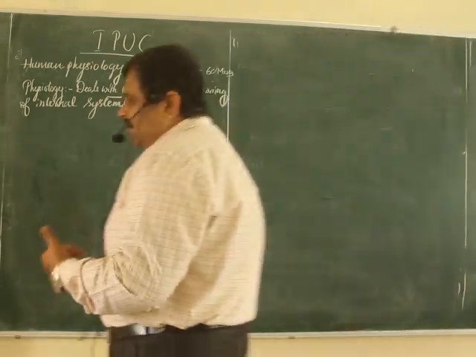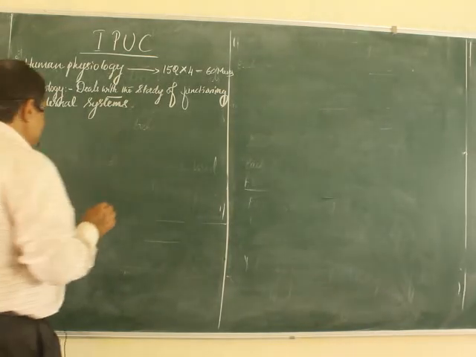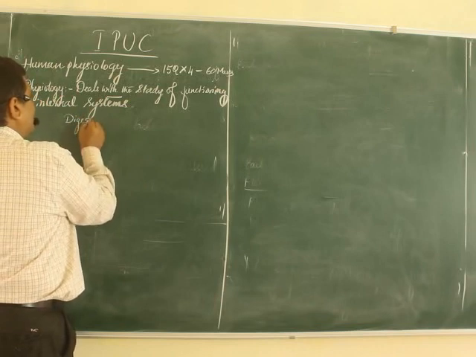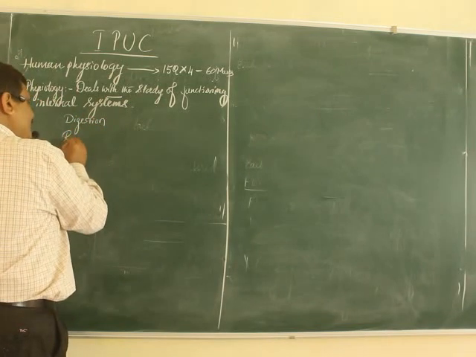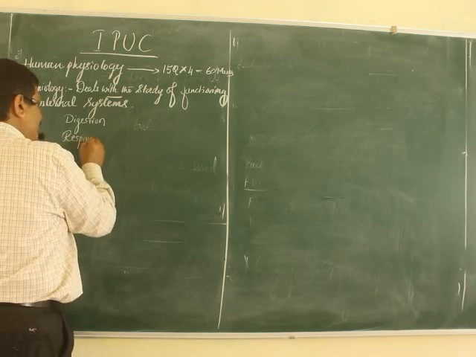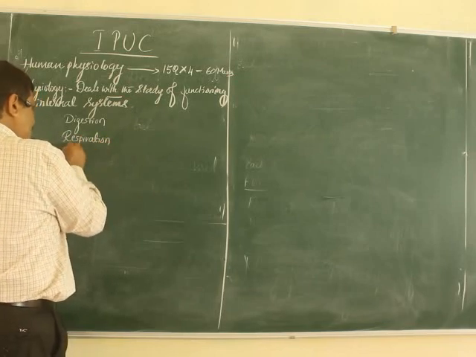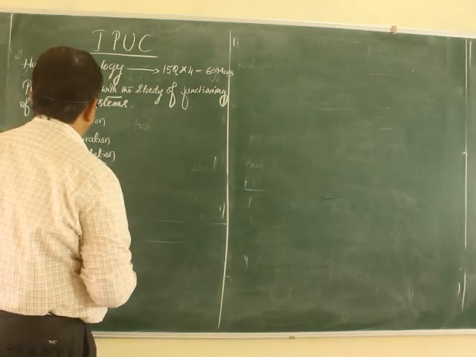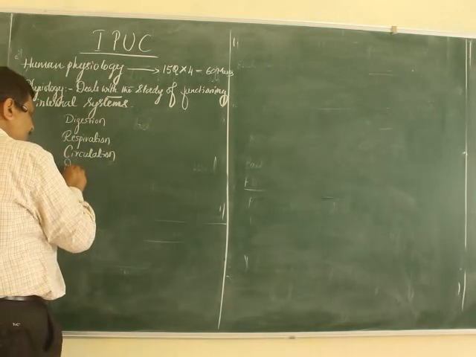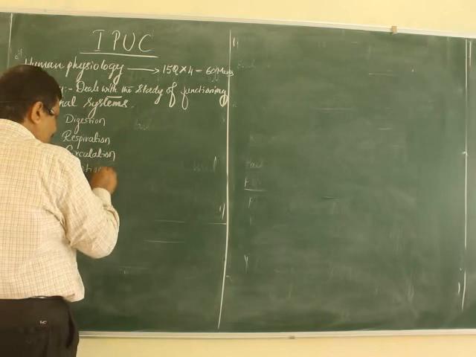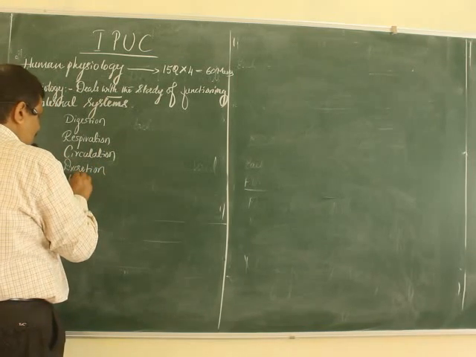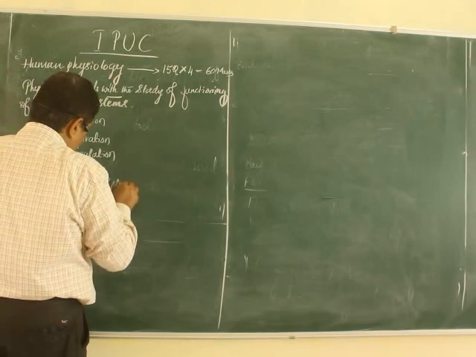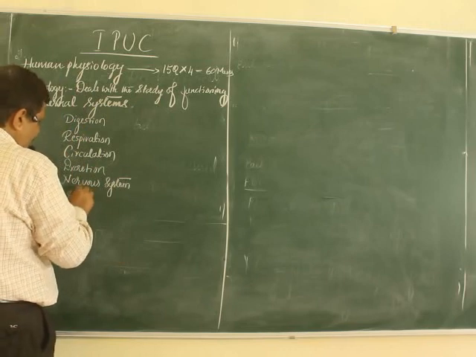What are the internal systems? They come under this: digestion, respiration, circulation, excretion, nervous system, endocrine system.